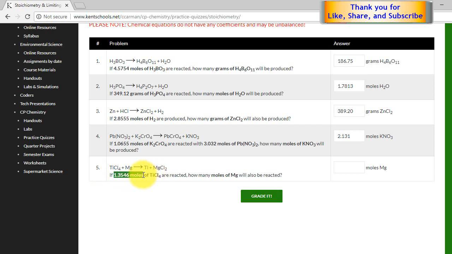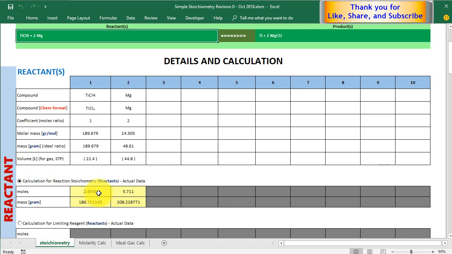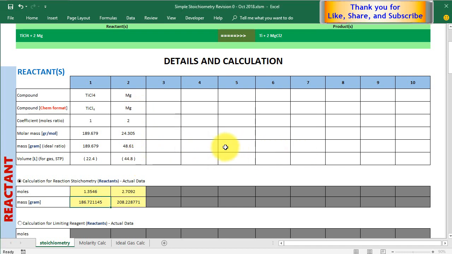Oh, 1.3546 moles. And the question is the magnesium. Alright, let's see, this is the answer: 2.7092.